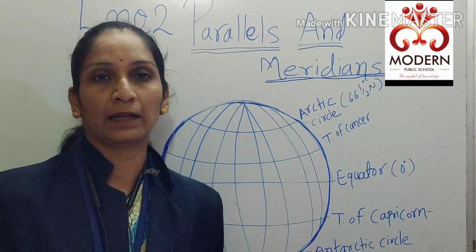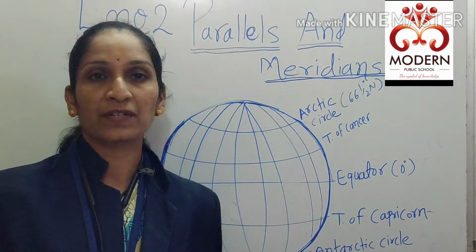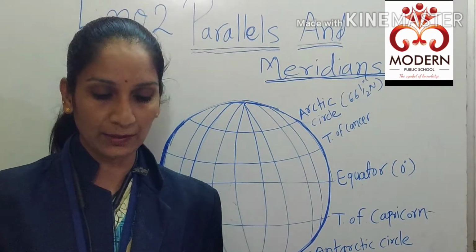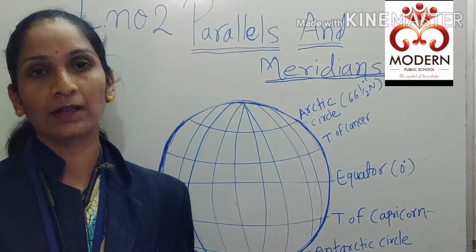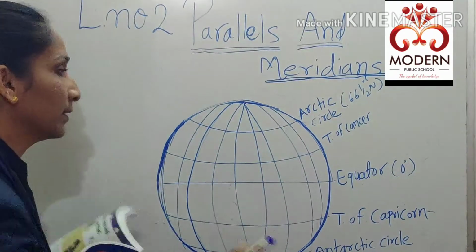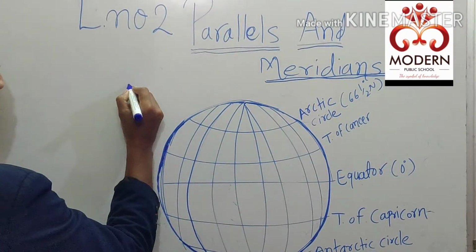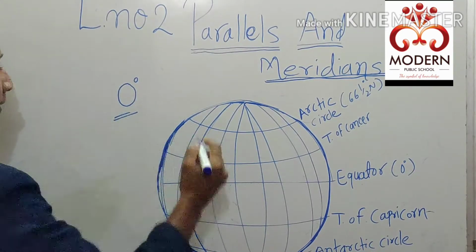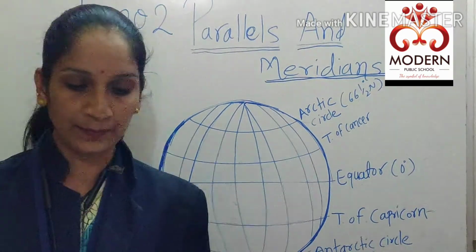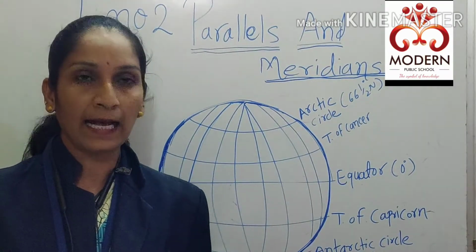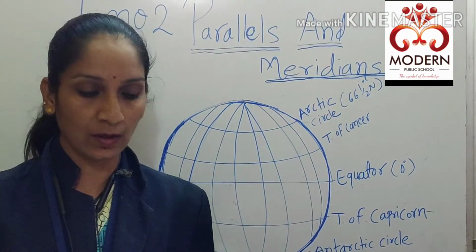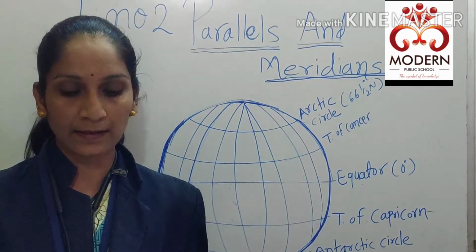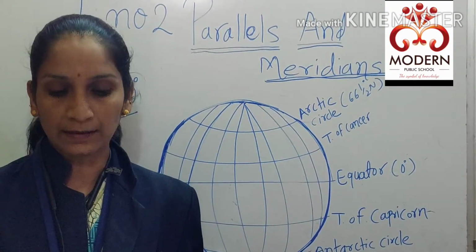All these latitudes are imaginary lines. Lines of latitude are labeled in degrees, written as 0 degrees. So the equator is at 0 degrees, and the other parallels are marked from 0 degrees to 90 degrees.